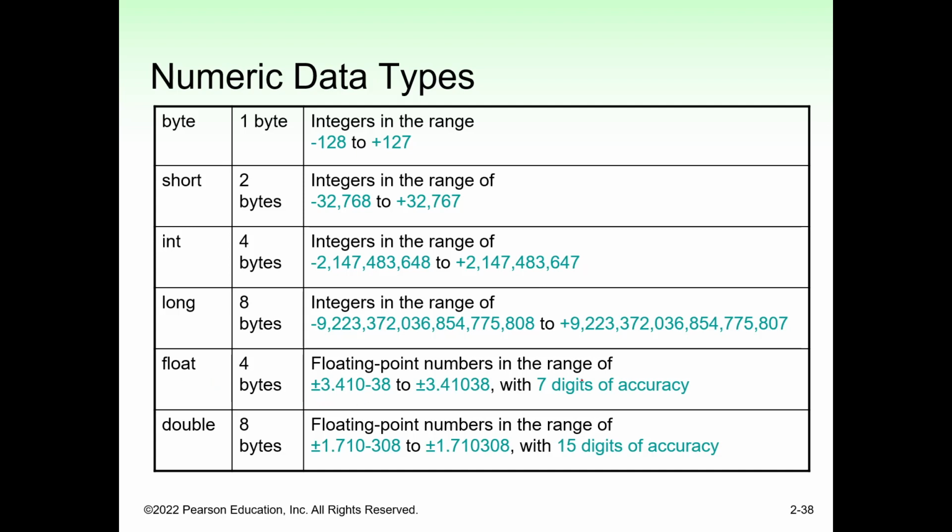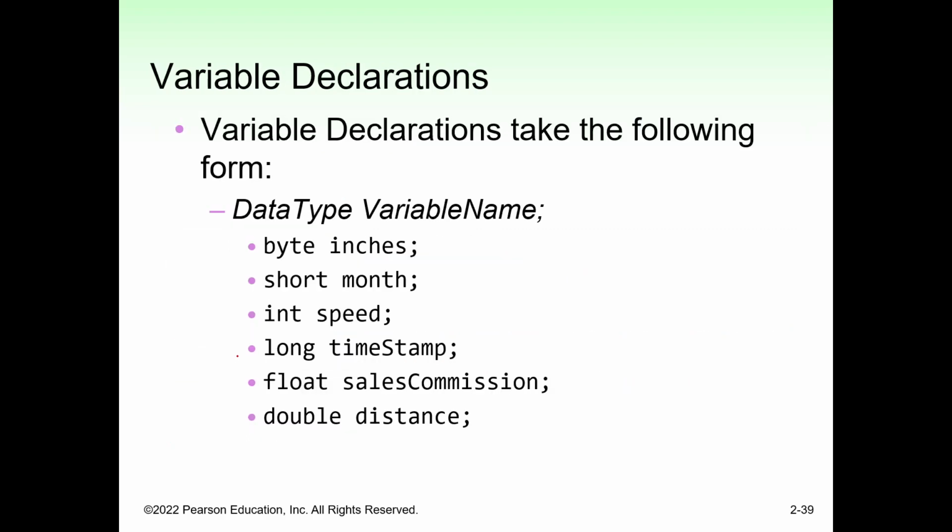Float, floating point numbers have 7 digits of accuracy. That's all you need to know. And double has 15 digits of accuracy. That's all there is to it. So for this class, we're probably going to be using a lot of ints, and a lot of doubles and floats.